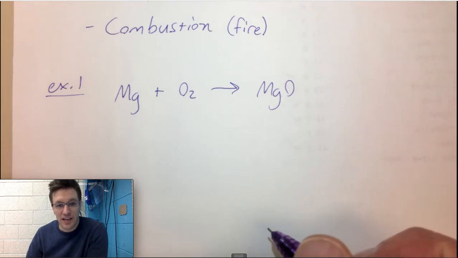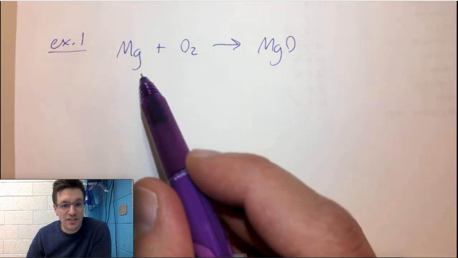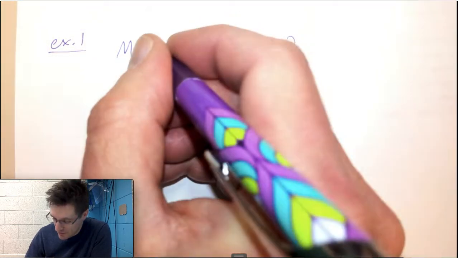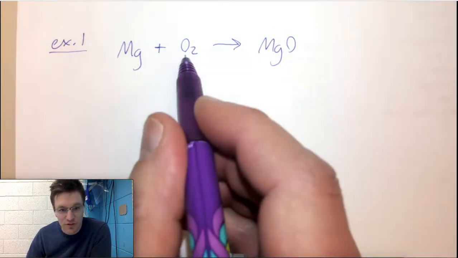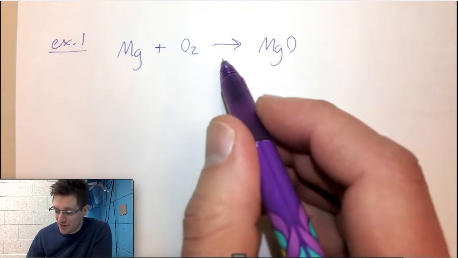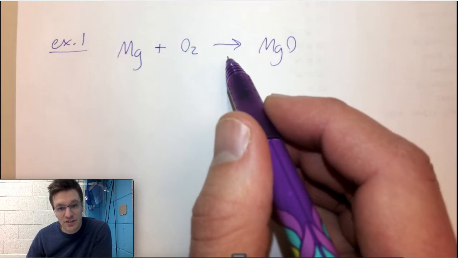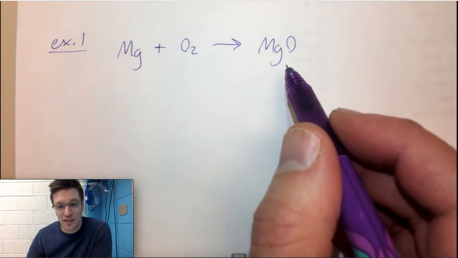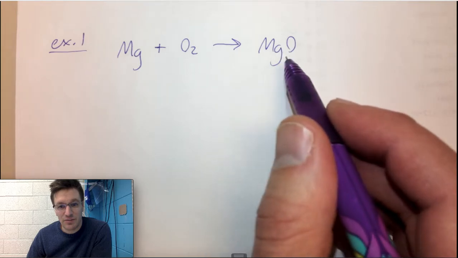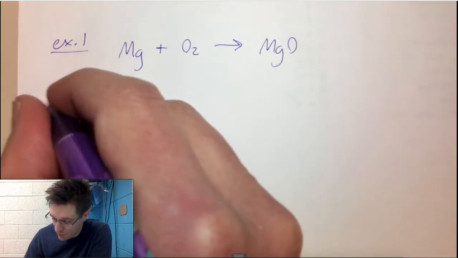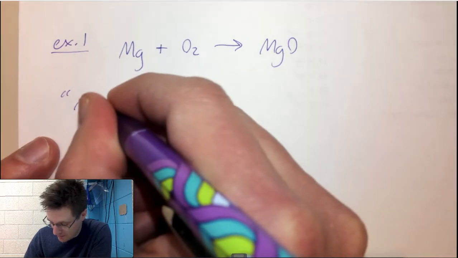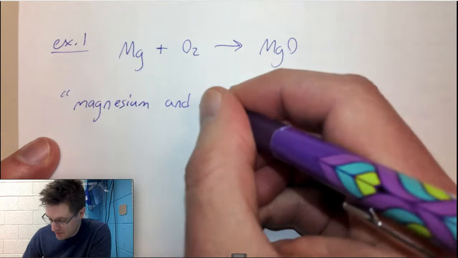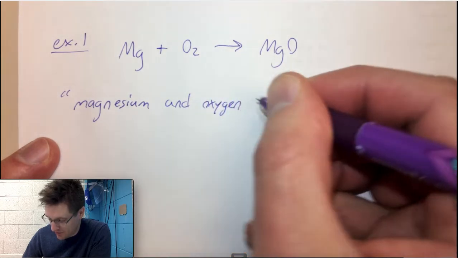here's a chemical reaction where we take some magnesium, that's a metal, and we're going to add some oxygen to it. So the plus means that we have 2 different chemicals, and then this arrow means that a chemical reaction happens. And after that chemical reaction, we have a new compound, and that compound is magnesium oxide. Okay, so the way we read this is we say magnesium and oxygen.